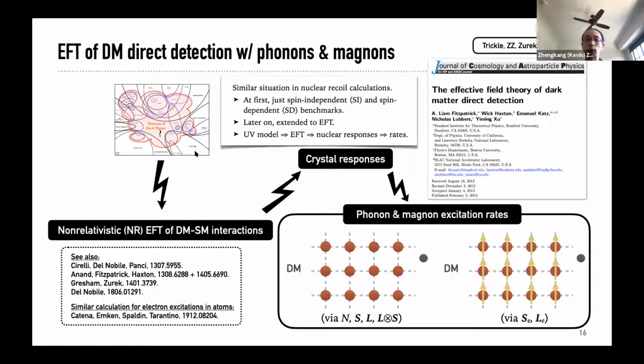There the procedure is completely analogous, which is first to derive the non-relativistic effective operators, then compute nuclear responses in their case, and then compute the rates. Here, instead of the nuclear responses, we're interested in crystal responses because we're interested in the collective excitations in the crystal. But the overall frameworks are very similar.